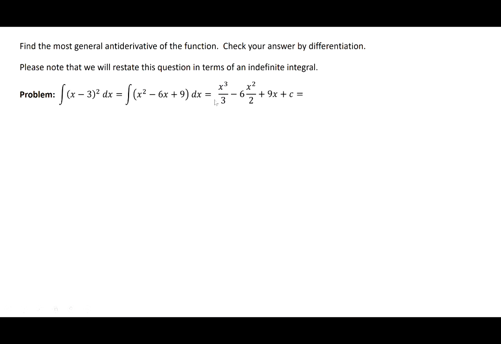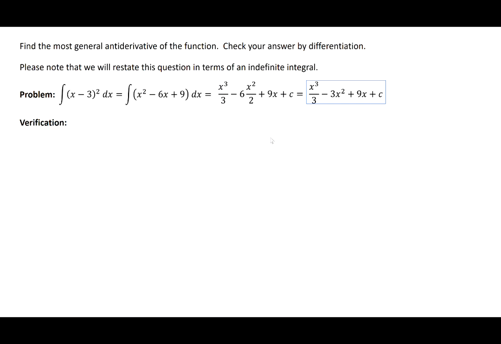So we end up getting x cubed over 3, like I said, minus 6 times x squared over 2, that's the integral of x, and 9x plus c. We can simplify this and say 6 over 2 is 3 and write it this way. I'm thinking this is not all that complicated. Okay, I'll work quite a few problems.